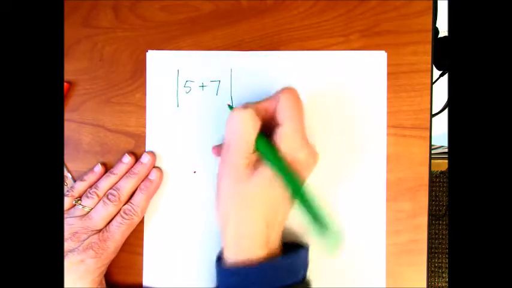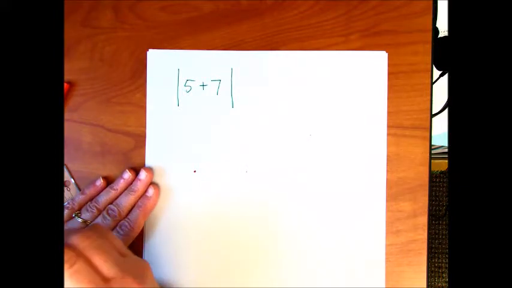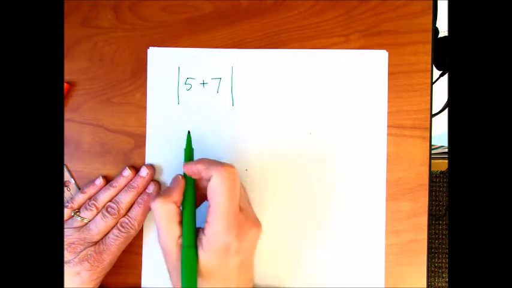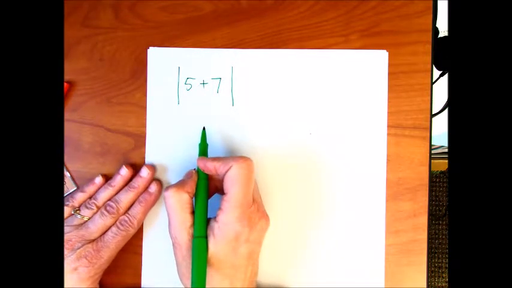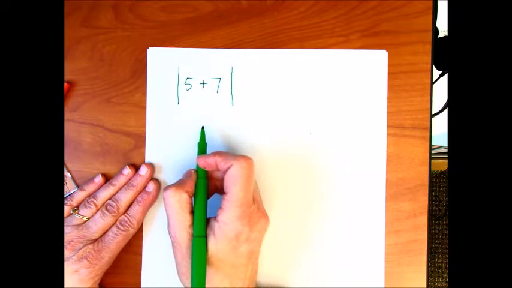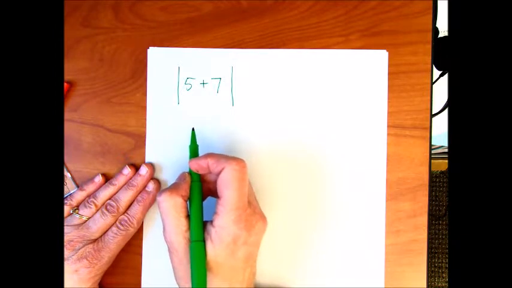And it could be true for any of the operations, add, subtract, multiply, divide, where you have an operation within the absolute value grouping symbols. If you remember, with order of operations, you want to figure out what's inside the grouping symbols before you do anything else.